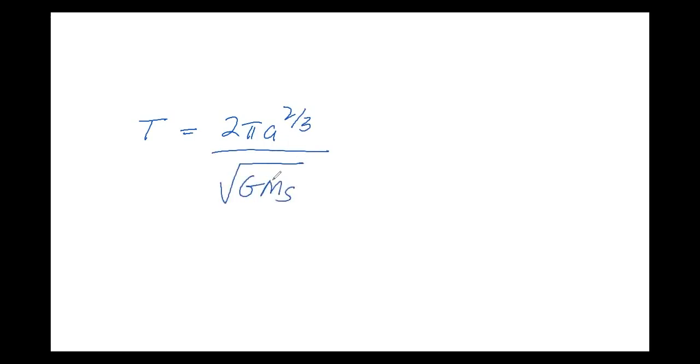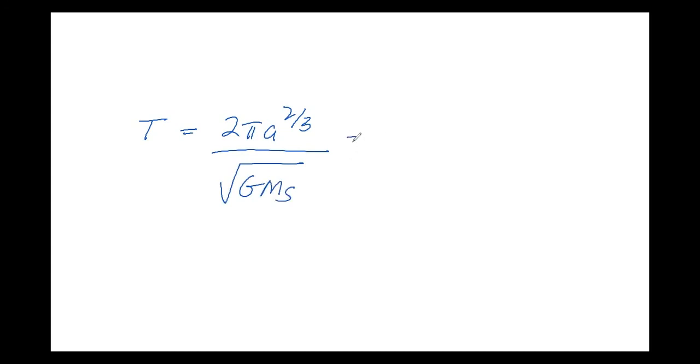Now to solve for the period, from equation 13.17, you're given T equals 2 pi A to the 3/2 divided by the square root of G, mass of the sun or whatever it's orbiting.